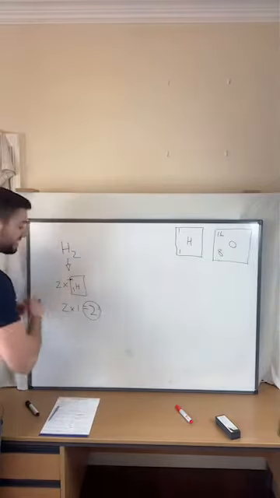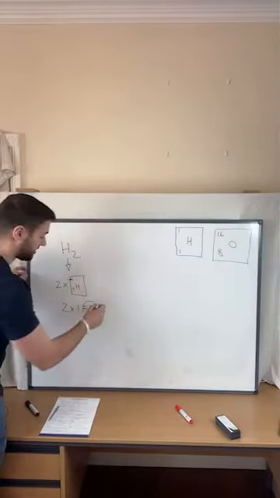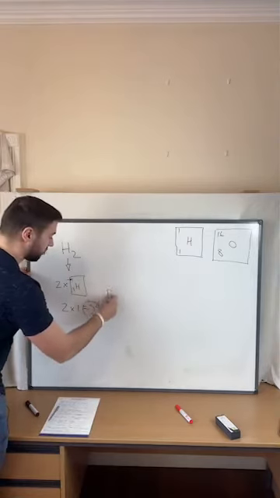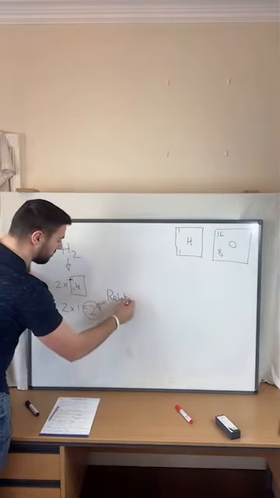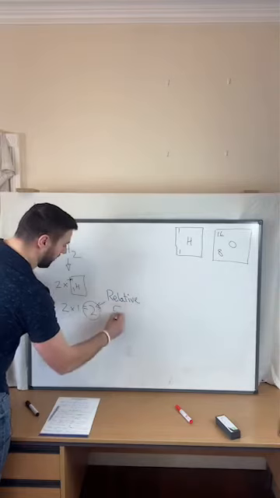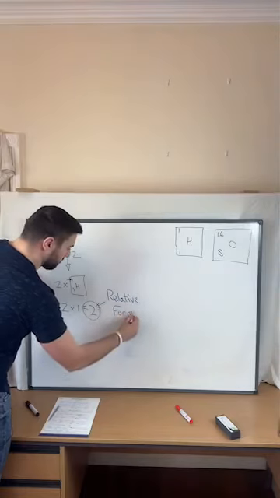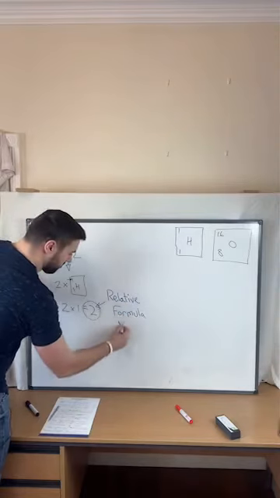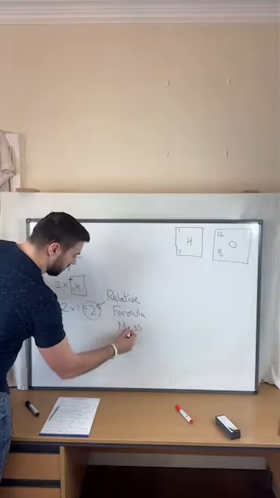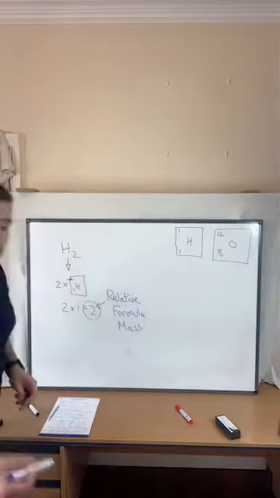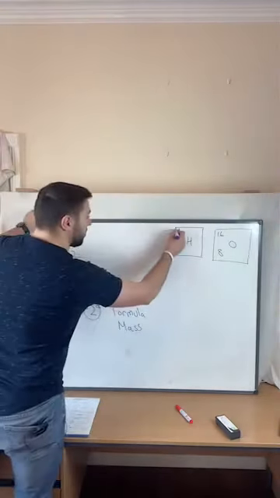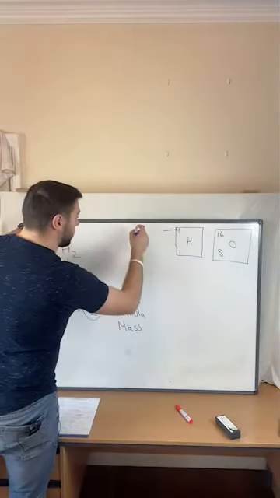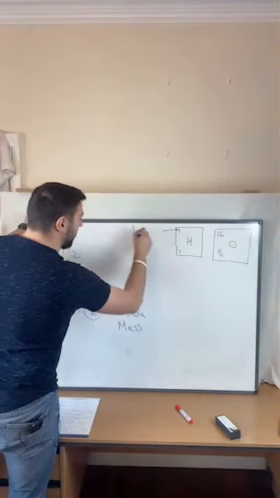This, though, is not what we call the relative atomic mass anymore. We call this the relative formula mass, because it's not an element anymore. This is not for one single atom anymore. This is for one atom.